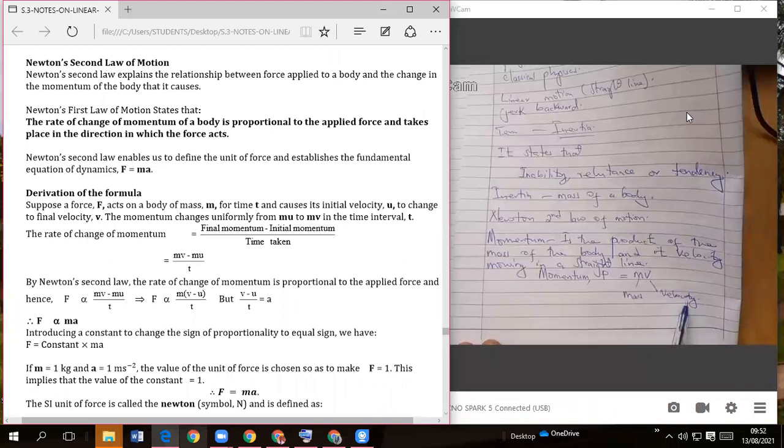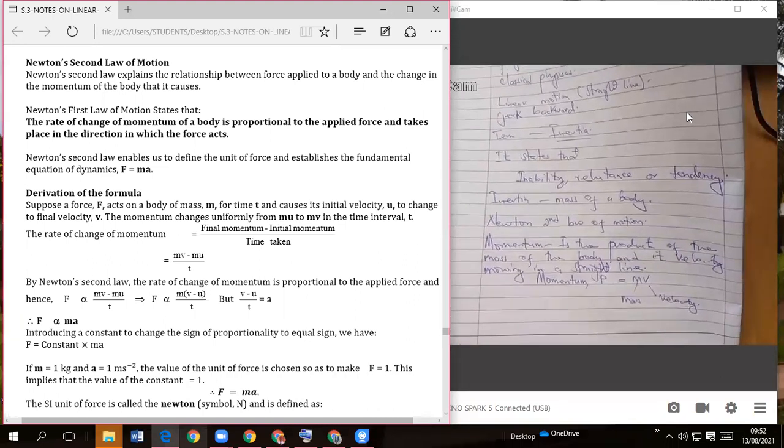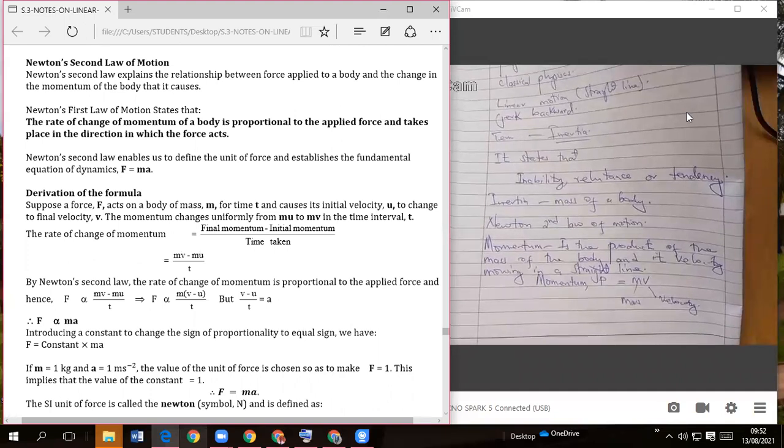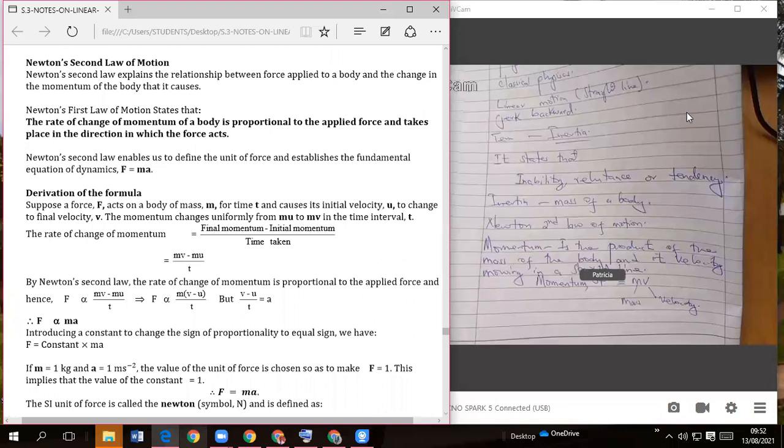Newton was trying to look at the relation between the force applied and the change in momentum. Remember the other time, when there's a change in momentum, there's a force we experience, which we call impulse.